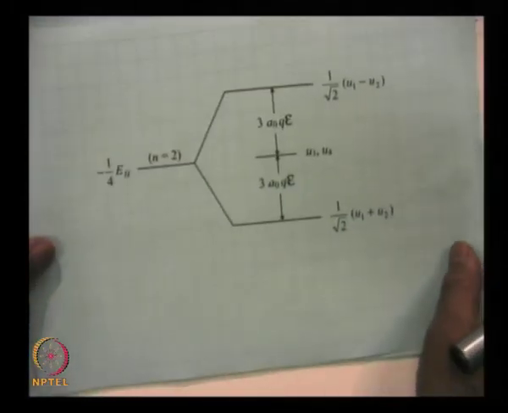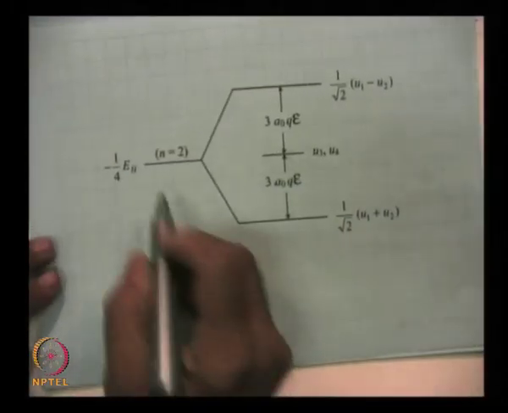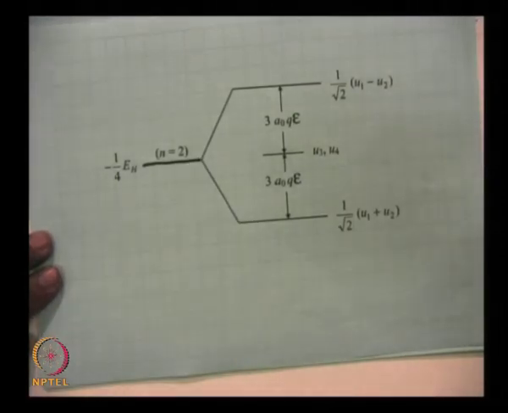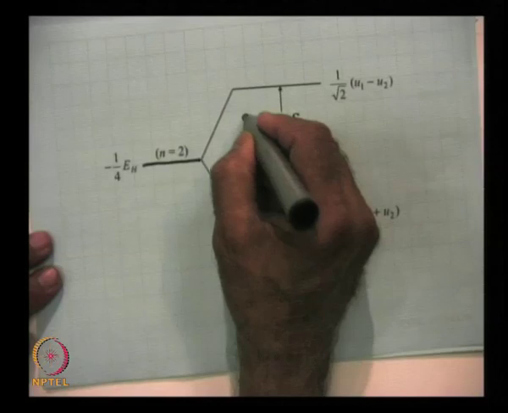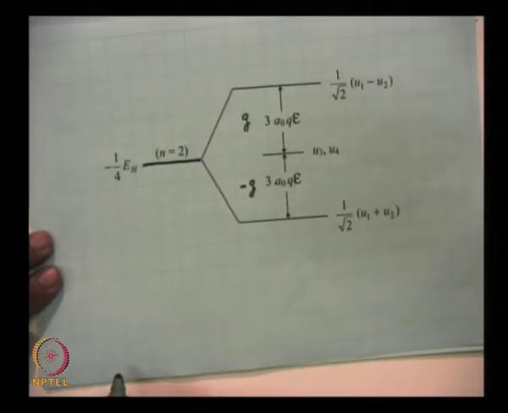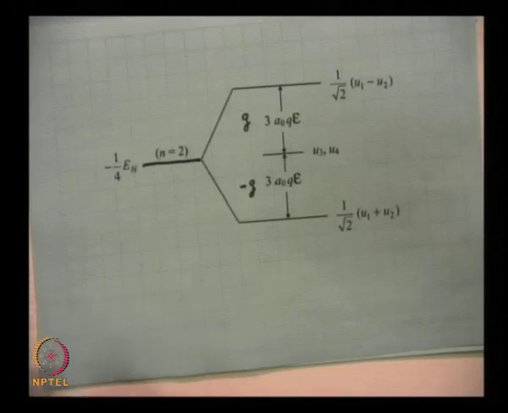So, therefore, we obtain the following: this is the n equal to 2 state, this is plus G and this is minus G. The n equal to 2 state, of course, I am neglecting spin, splits into 3 states.